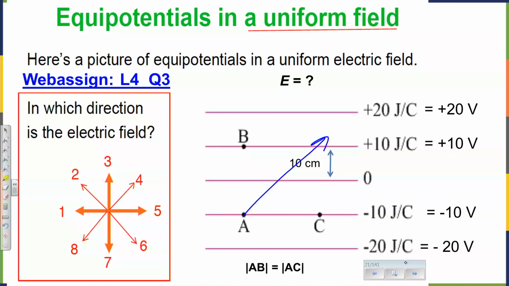All right, it's not perpendicular. It is not perpendicular. What about this arrow? Now it is perpendicular. Is it the correct arrow now? No. Why? It breaks a second part of a rule.